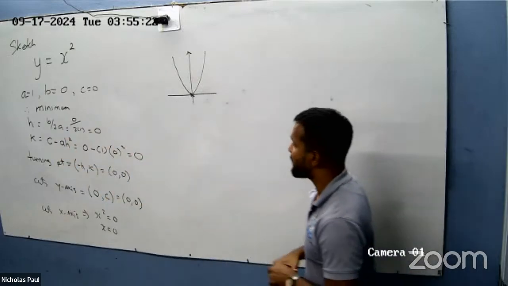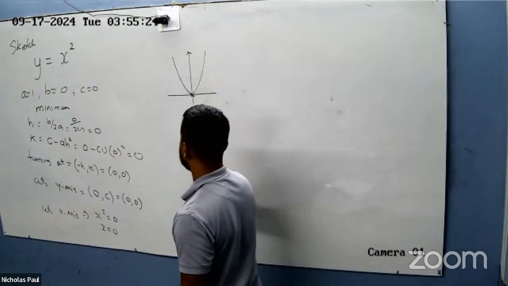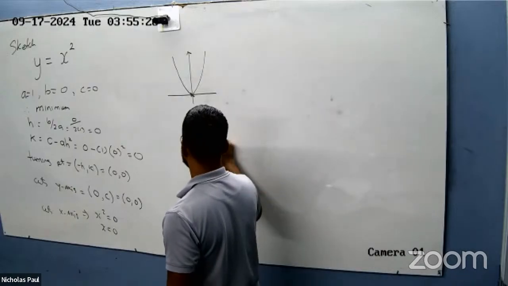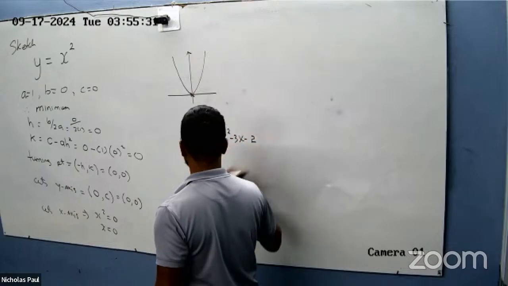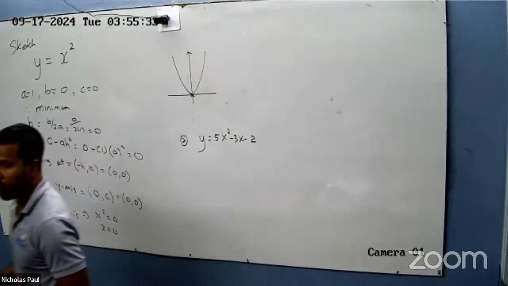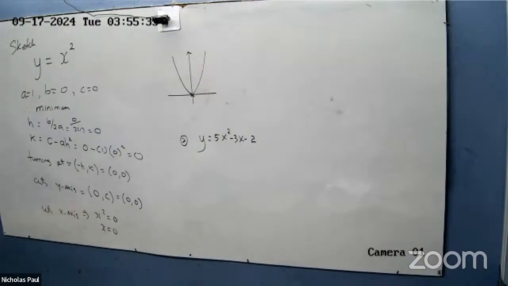Copy it down. Let's do our next one. See if we can do the first few steps. If you can't remember how to solve for the x-axis, I'll help you. So anytime somebody says sketch y equals x squared, that's what you have to look at.